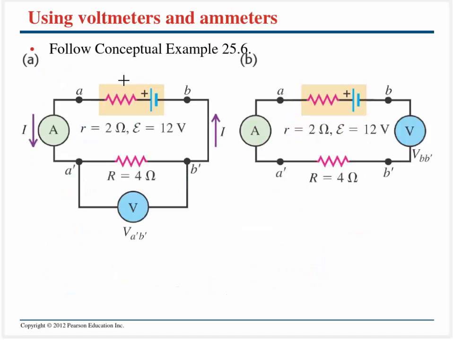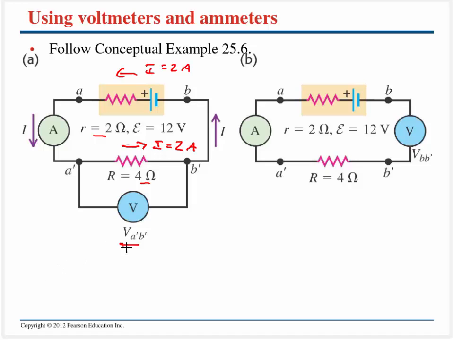Now we've gone ahead and we've moved the voltmeter, taking a look at this voltmeter right here, and we've already solved for the current flowing through this guy. We said the current flowing through this must be equal to 2 amps. Same amount of charge is going to flow through this 2 ohm resistor as through this 4 ohm resistor. So the current right here is also still going to be 2 amps.